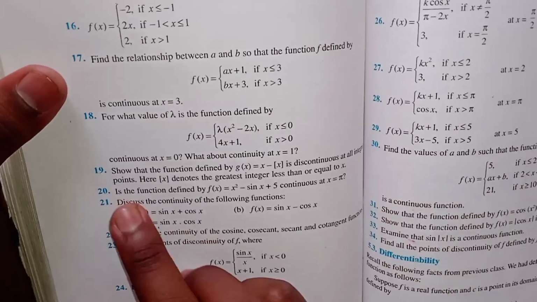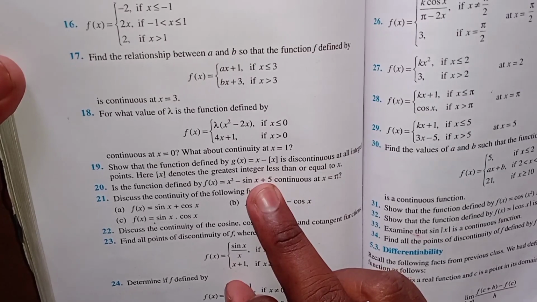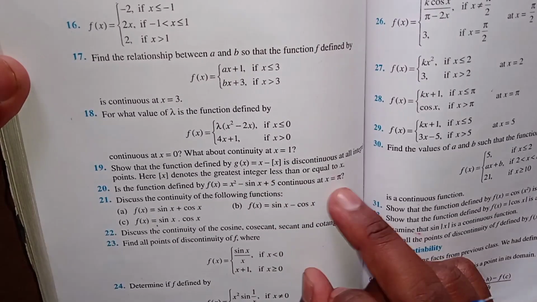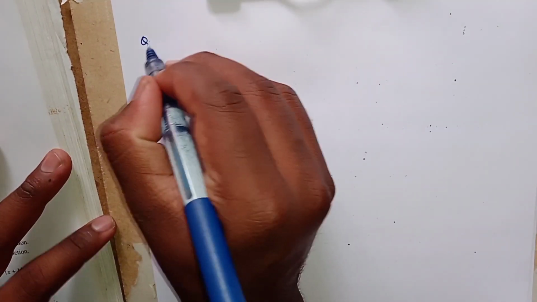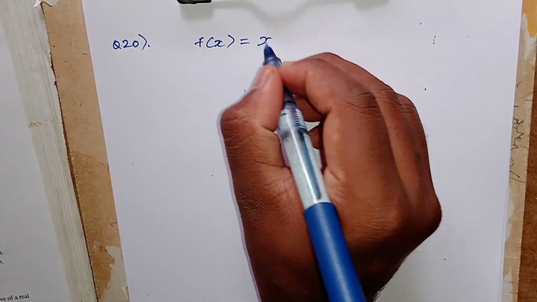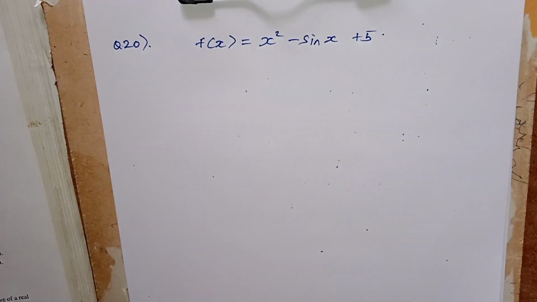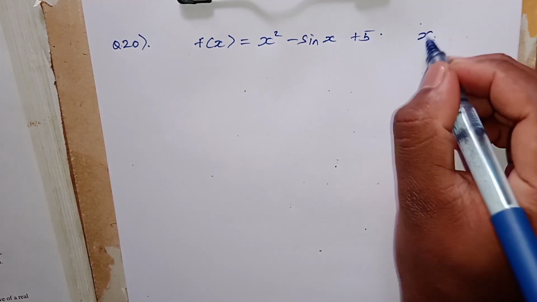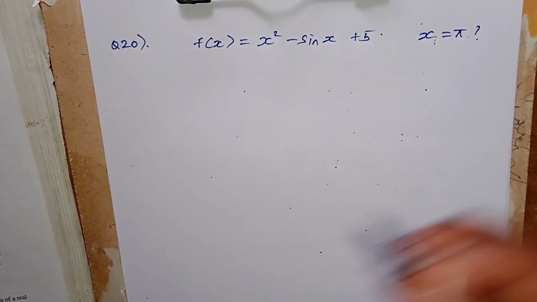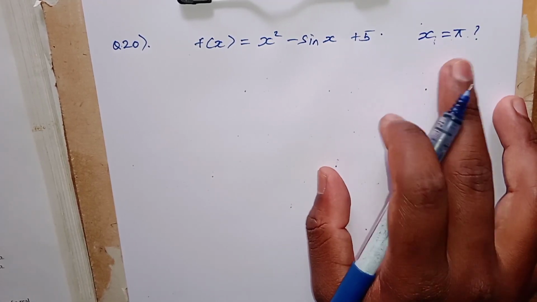The function defined by f of x is equal to x squared minus sin x plus 5, is it continuous at x is equal to pi? Given question number 20, f of x is equal to x squared minus sin x plus 5, continuous at x is equal to pi. You have to check whether my function is continuous or discontinuous.